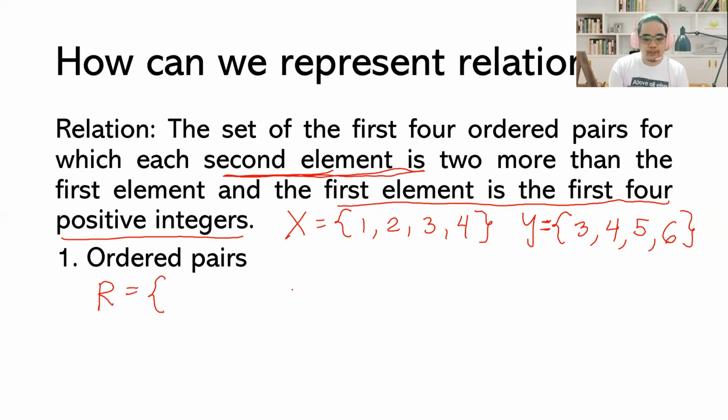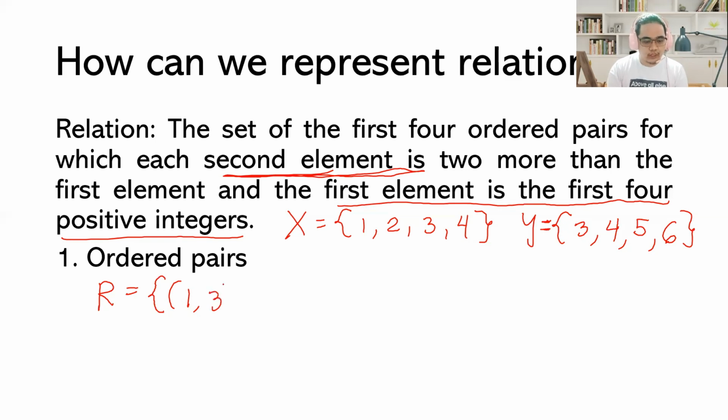For an ordered pair, you need one element from the domain and one element from the range. When 1 is the first element, the second element is 3, because it is 2 more.